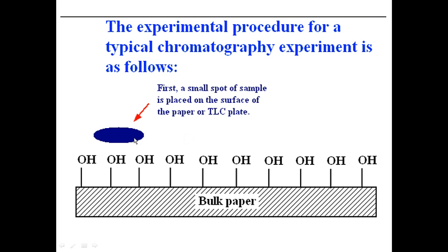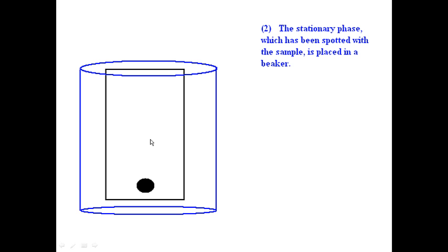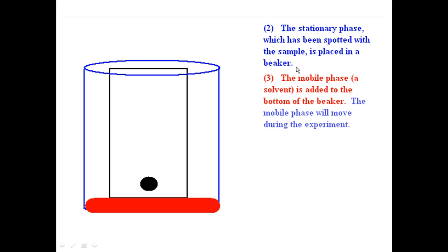So what we do is we put a spot of our mixture onto the TLC plate or the piece of paper, and it adsorbs on there by having intermolecular forces. Then we take that stationary phase, that TLC plate, and we put it inside of a beaker, or in our case a TLC jar, where we add solvent, or the solvent has already been added.